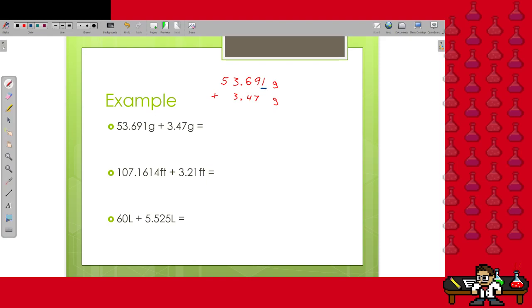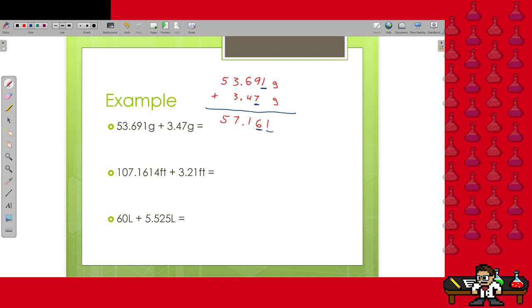And same kind of deal. Our estimation took place at this hundredths place here, so I'm going to underline that value. I'm going to perform the calculation. When I add these numbers up together, I'm going to get 57.161.